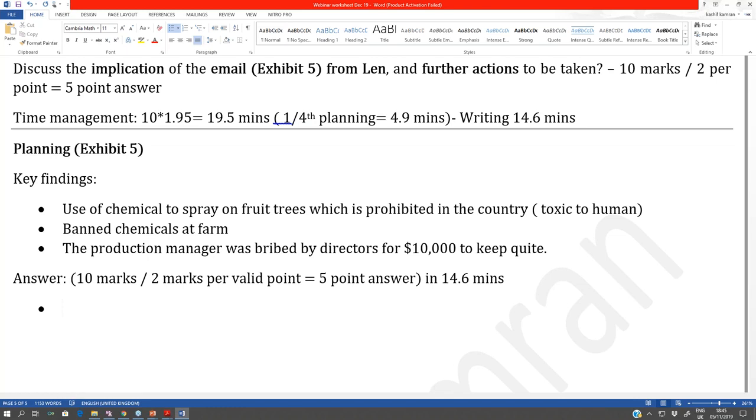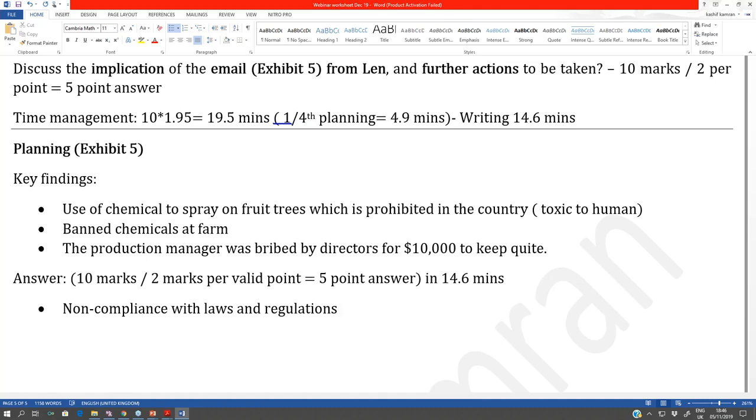The first implication of the email you got from Len is the non-compliance with laws and regulations, because the company was using some banned chemicals. So the first implication is that there was a non-compliance with laws and regulations.